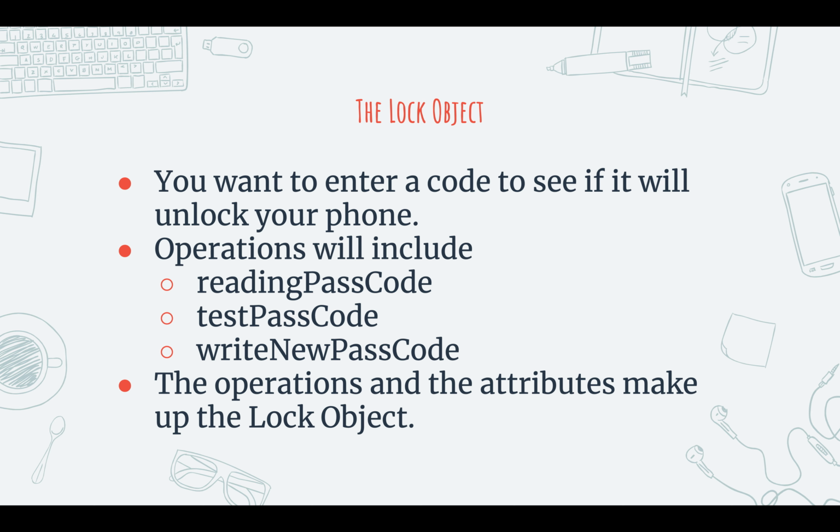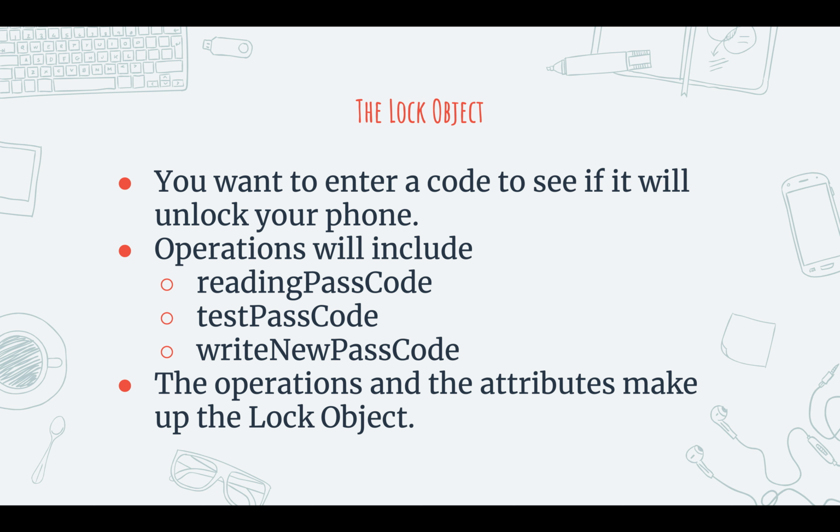And then there are different operations that we have for a lock. We need to read the passcode to ensure that, if I enter a value into the lock, then it will unlock, or it will understand it. Then it will test the passcode to see whether or not the passcode that we entered actually works.